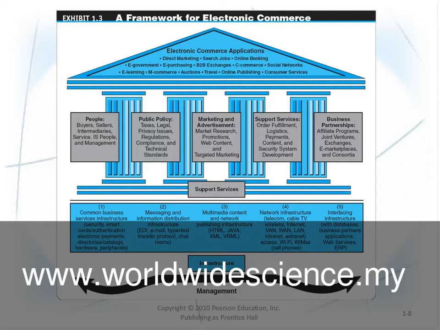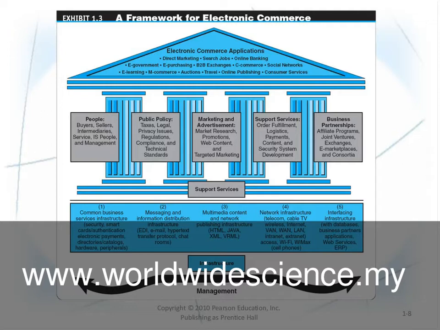Marketing and advertisement covers market research, promotion, web content, target marketing. Support services fulfill logistics, payment, security, and some issues and challenges like this. And business partnership includes affiliate program, joint venture, alliance, marketplace, some services in business partnership.